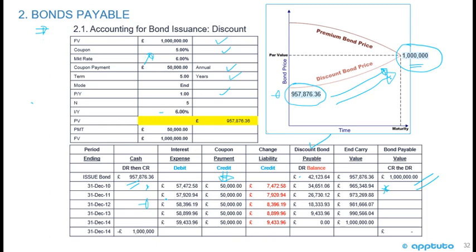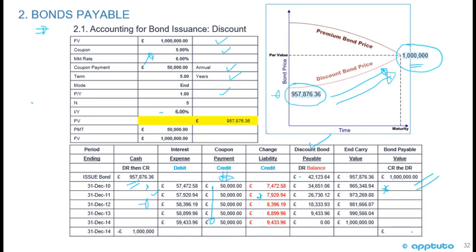And therefore, there's my interest expense for the second year, 57,920.94. Again, it's the carrying value of the bond times the market rate. Again, it's very easy to understand my coupon payments. They never change. It's always $50,000. That's a credit to cash. So debit my interest expense, credit cash.